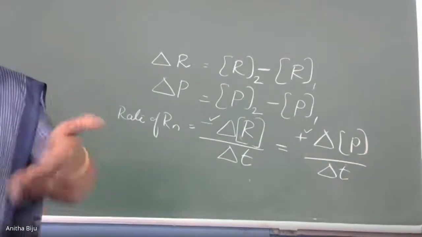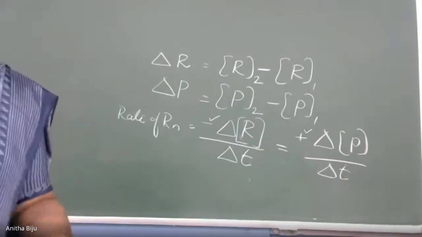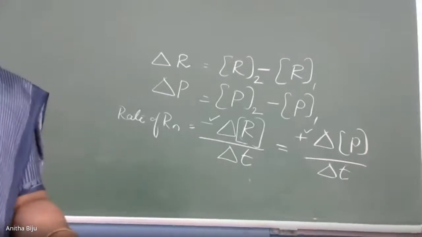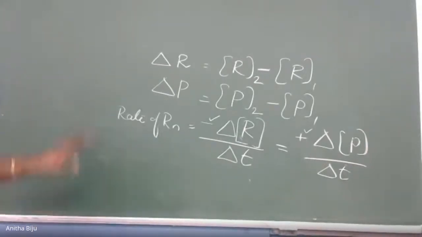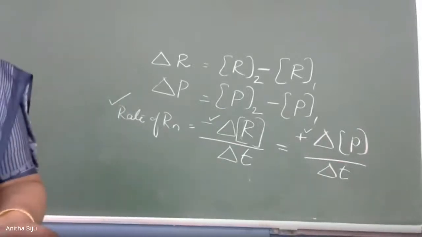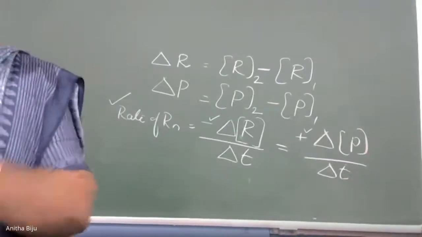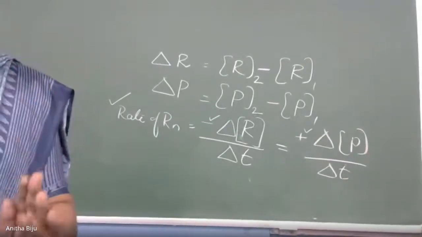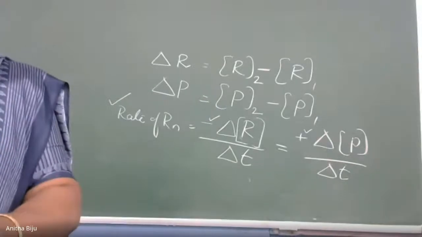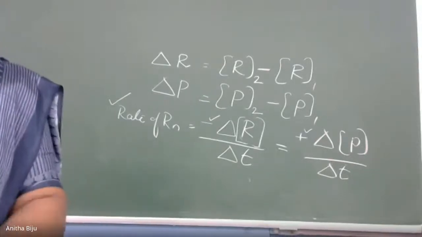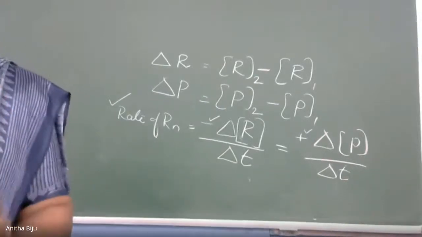So when the reaction proceeds, the concentration of product goes on increasing. This is the meaning of these two terms, and this is very important. Increase in concentration of product with respect to time, or decrease in concentration of reactant with respect to time, is known as the rate of a chemical reaction.